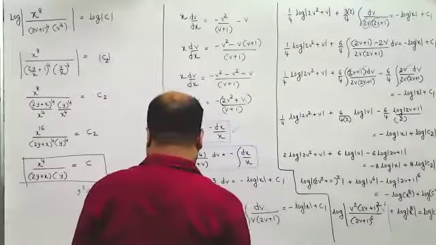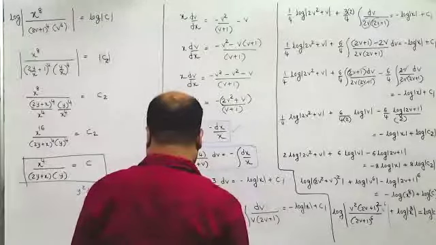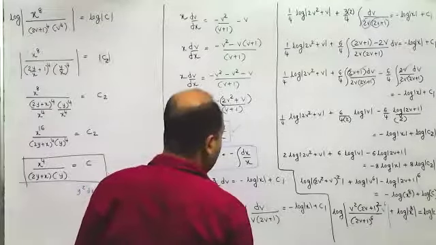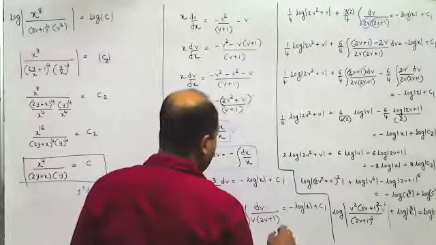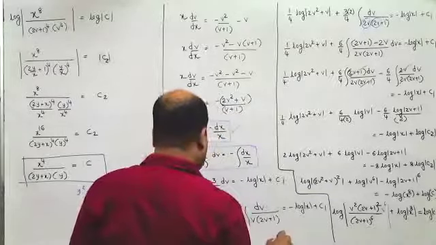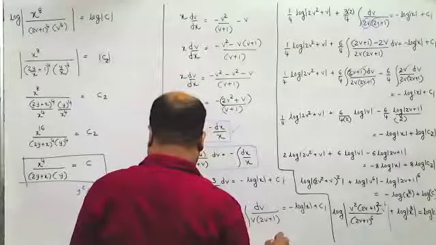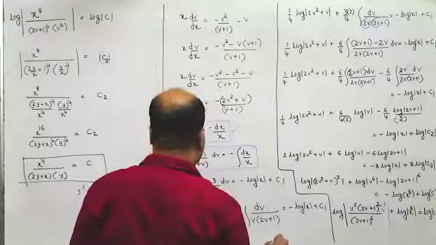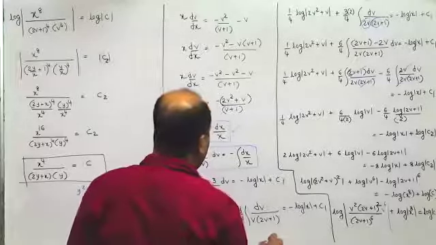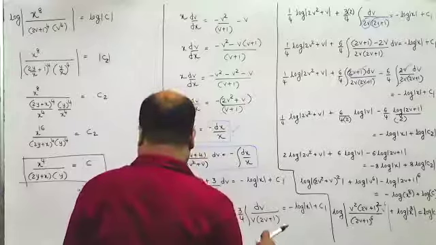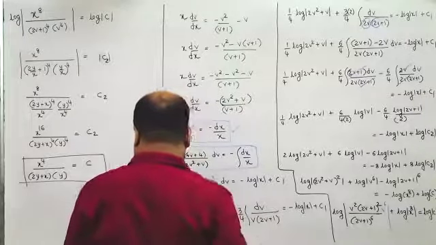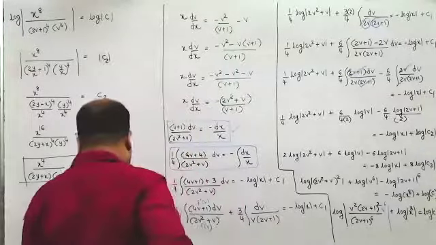Now they have got v raised to 6 upon square.